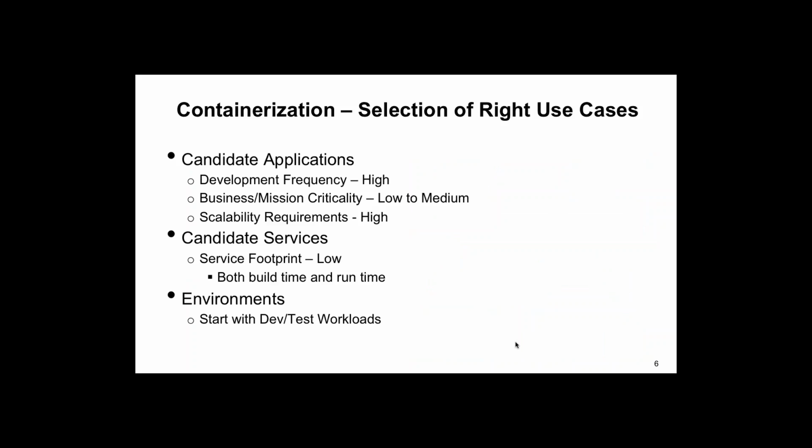So what we have done is we looked at these two elements and we looked at the industry-wide solutions in the container space, and we came up with specific criteria for choosing the right enterprise applications and right candidates for containerization.